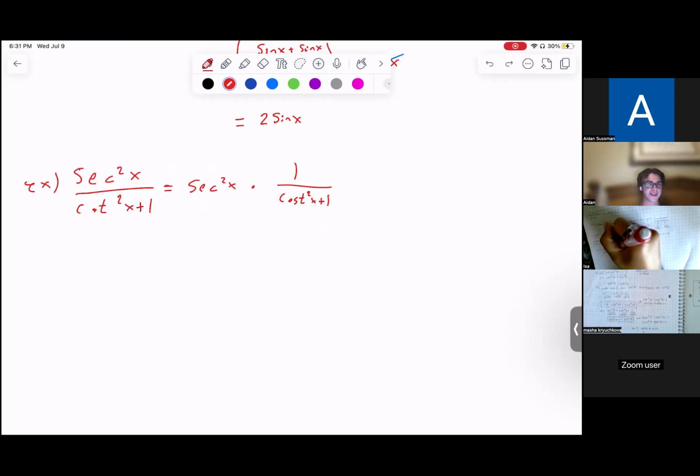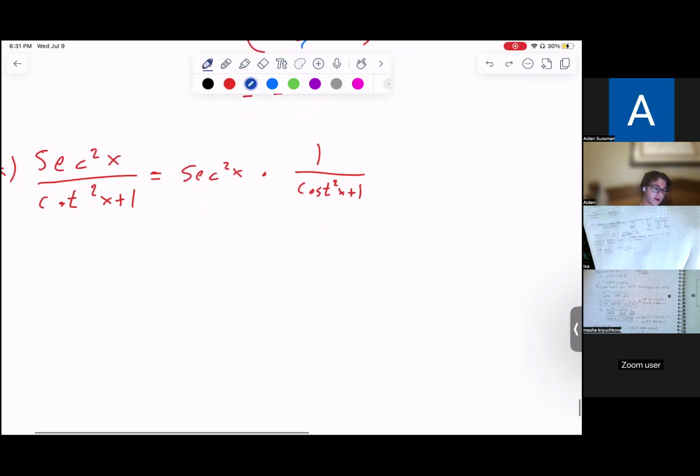Is there an identity that we know? Maybe Masha? Is there an identity that we can use from our little toolbox, our little cheat sheet we made, that I can replace some things here? Yeah, that would be like the second one. Which part would be the second one? And I'm sorry, I wrote cosine versus cotangent.